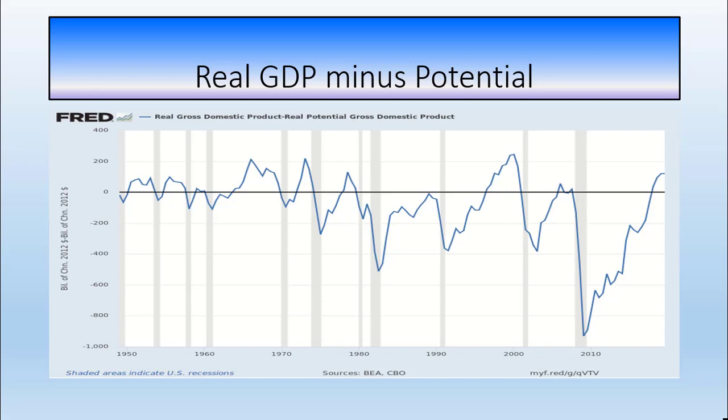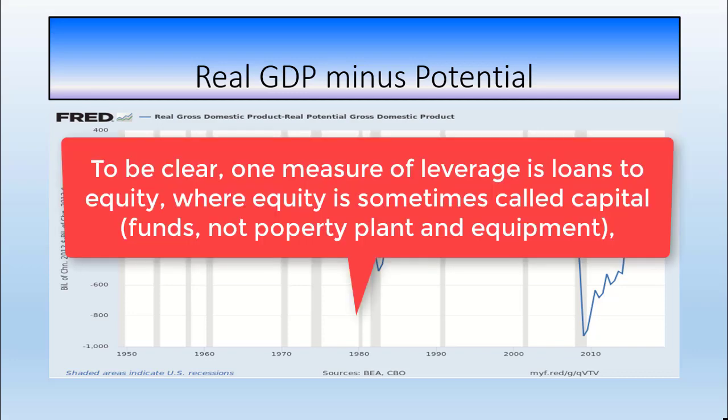And when we're above the average, above potential there, the economy tends to lever up, meaning the banking system and people tend to borrow a lot of money on average. And so leverage ratios go up. Leverage is how much debt you have relative to capital. And so your debt to capital, your equity, tends to go up.